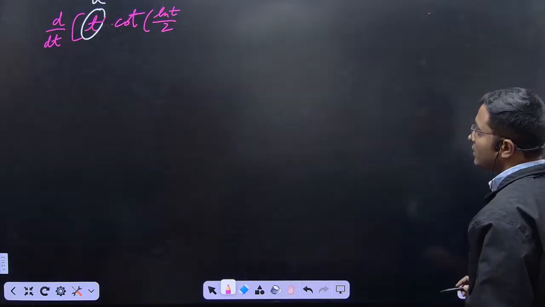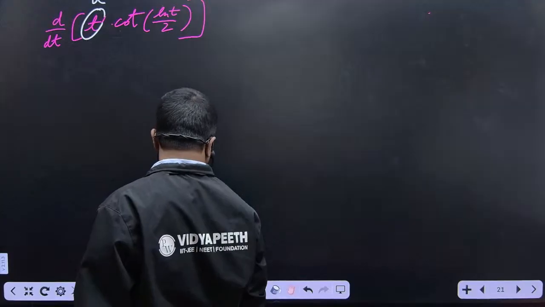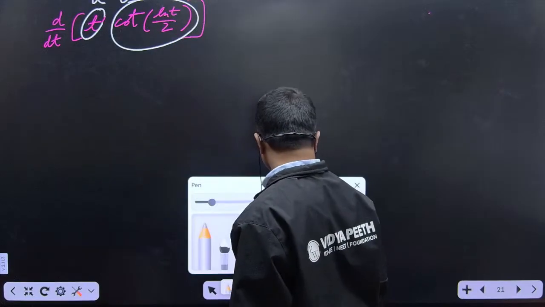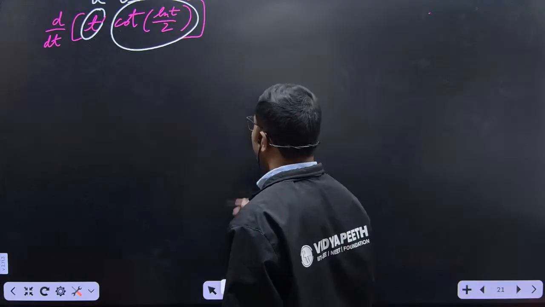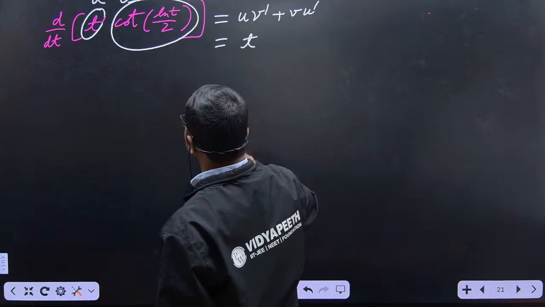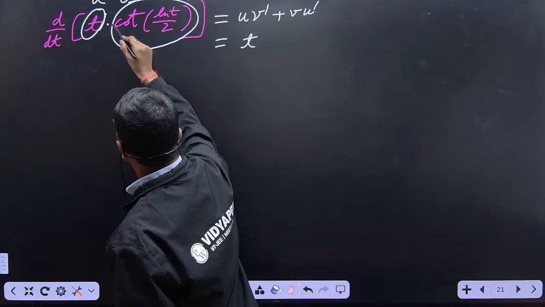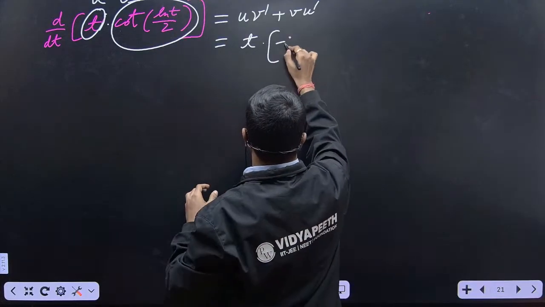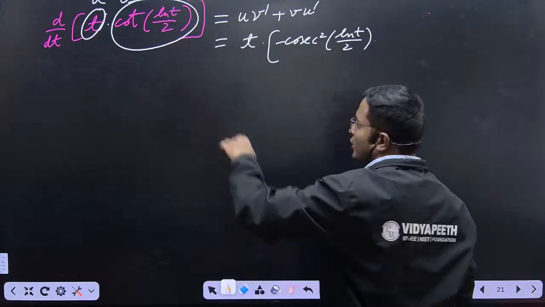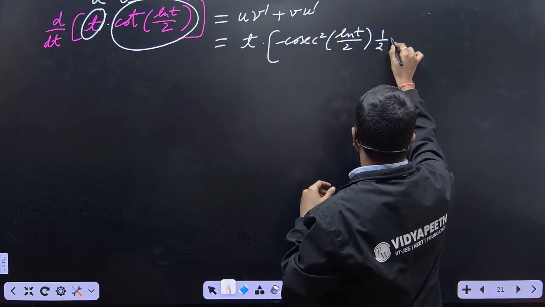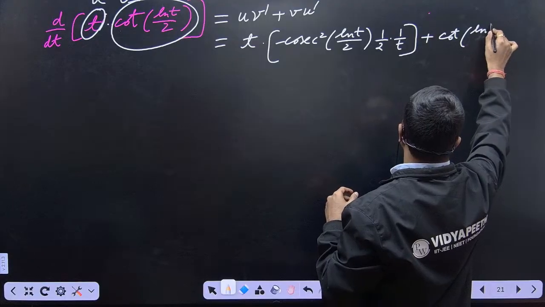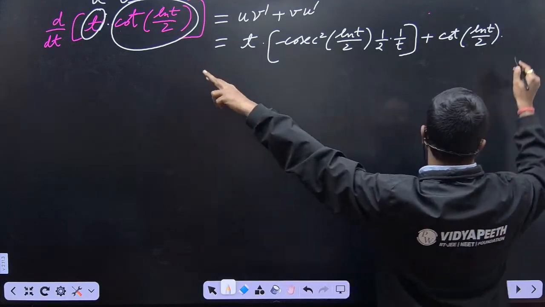Cot of ln t by 2, this is our term V. So if we differentiate using the UV rule, UV dash plus VU dash, U is t, into V dash, differentiation of cot, minus cosecant square of ln t by 2 into differentiation by chain rule of ln t by 2, half into ln t differentiation is 1 by t, plus V, cot of ln t by 2, into U dash, differentiation of t is 1.